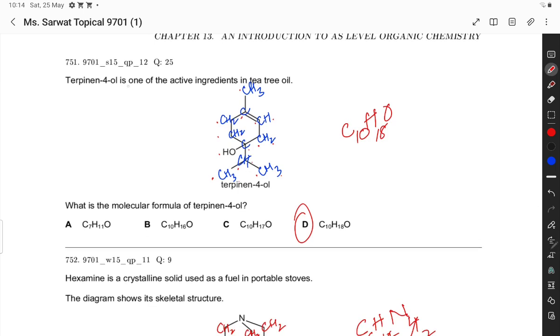Terpinen-4-ol is one of the active ingredients in tea tree oil. What is the molecular formula of terpinen-4-ol? This is the way which I have discussed earlier. Count the number of carbon atoms and the number of hydrogen atoms, and we have C10H18O. Look here, this is CH3 because carbon is connected to this and 3 hydrogen atoms are bonded with this carbon atom.